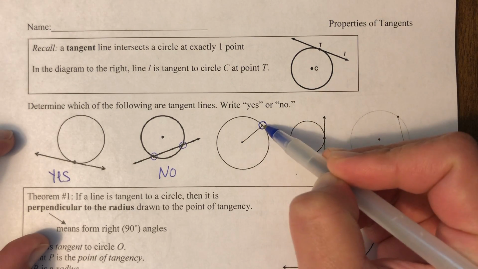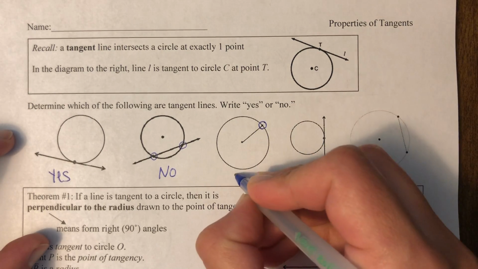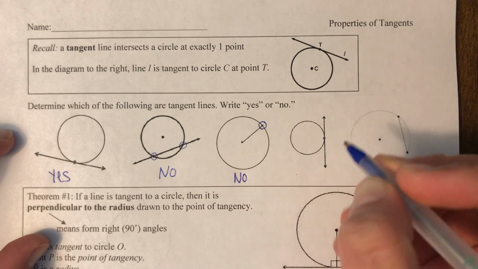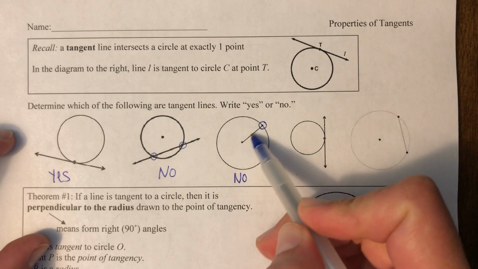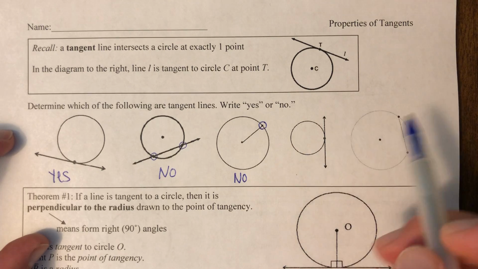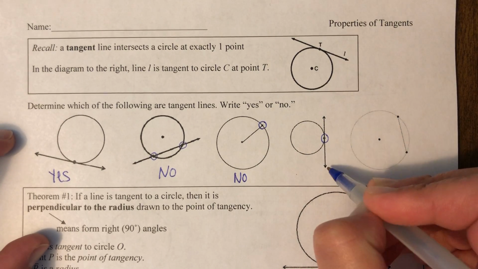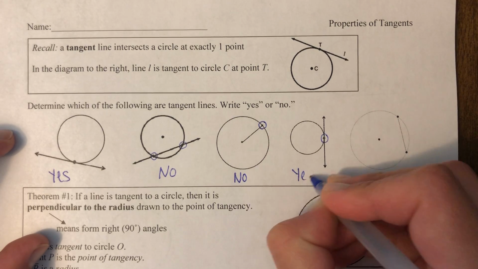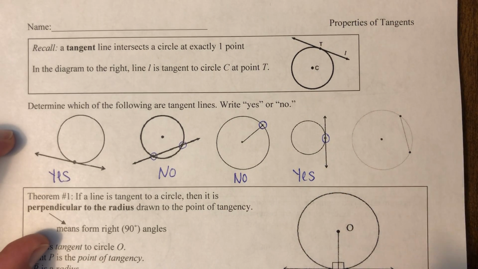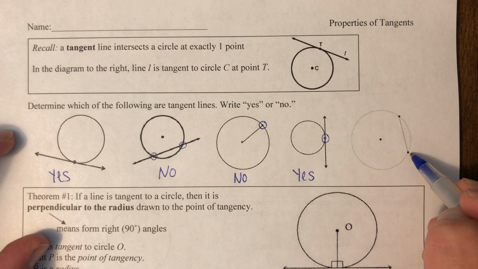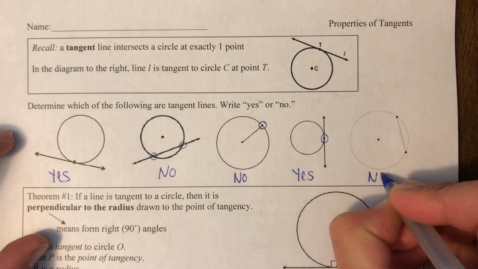And you have a line going through the circle. So this is a no. That's actually just a radius, right? This one hits once, that's looking good, outside the circle, so that's a yes. And the last one, inside the circle, so that's not good, and it hits twice, so that's a no.